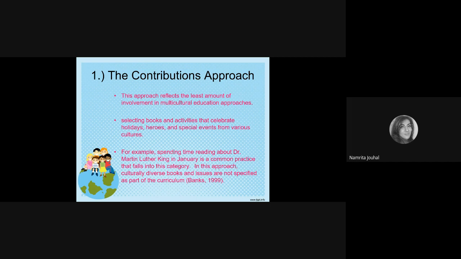In your curriculum it is a common practice, because in this approach you are talking about diverse cultures. You can talk about Easter, and have books related to why Easter is celebrated. You have other cultures and other festivals, for example, in India we have Diwali.